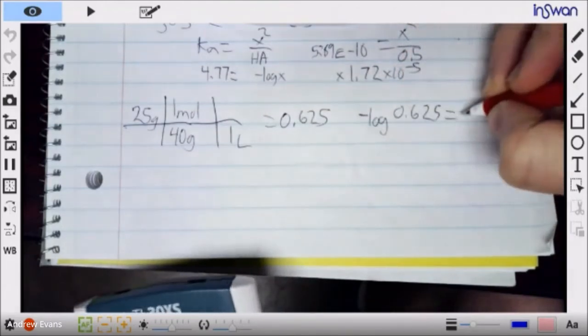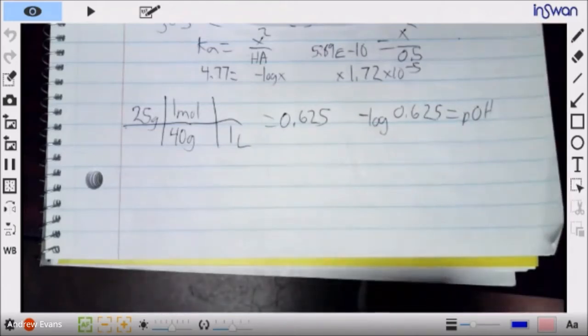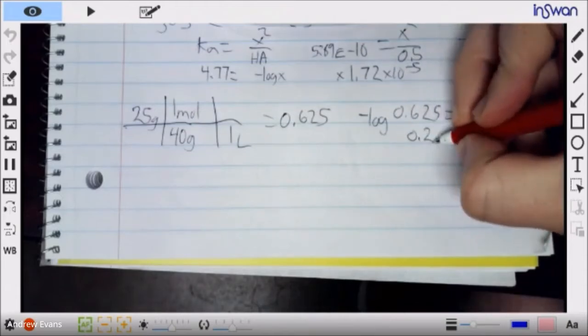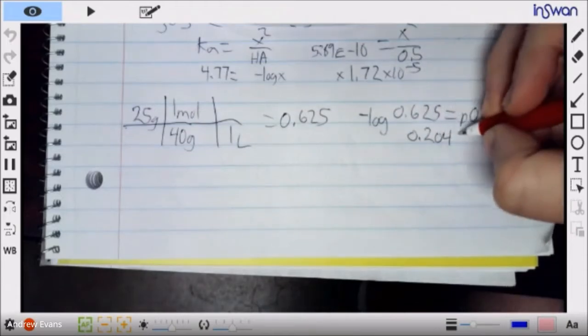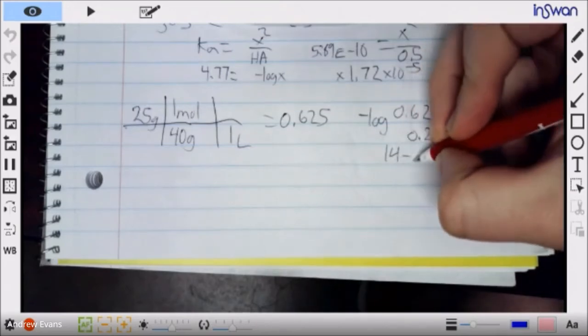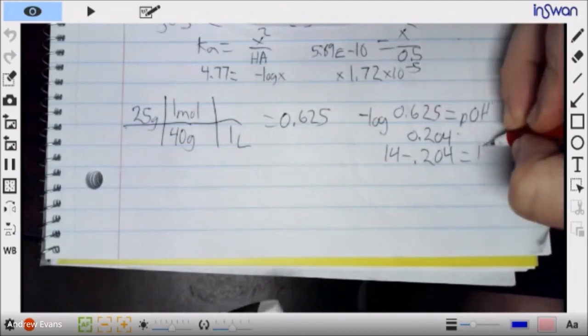Negative log of the molarity will give us pOH. You have to remember that this is the pOH. So negative log of 0.625 gives us 0.204. And so we'd say 14 minus 0.204 would give us 13.8.